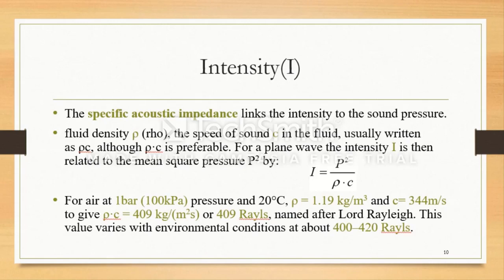As you see, rho times c is equal to 409 kilogram per square meter second, or 409 rayls. We can also call it rayls.